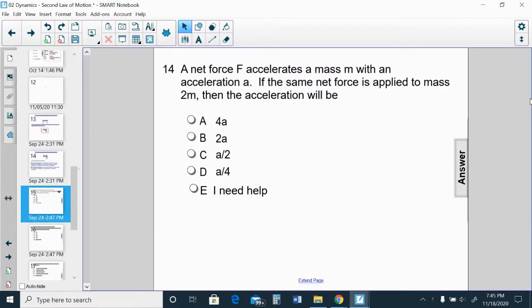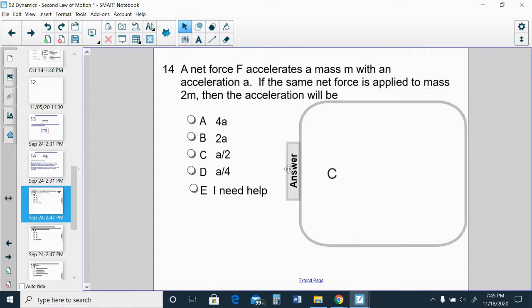Let's try a couple practice problems. A net force F accelerates a mass m with an acceleration a. If the same net force is applied to mass 2m, then the acceleration will be... The answer in this case is C. The acceleration would be halved, so a divided by 2.